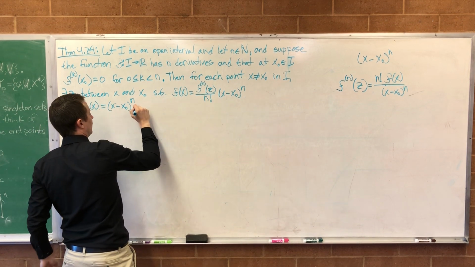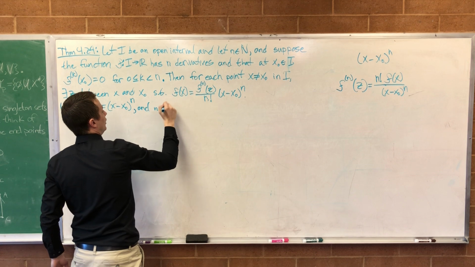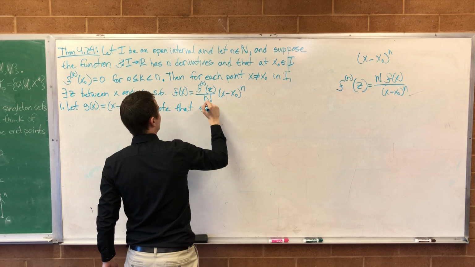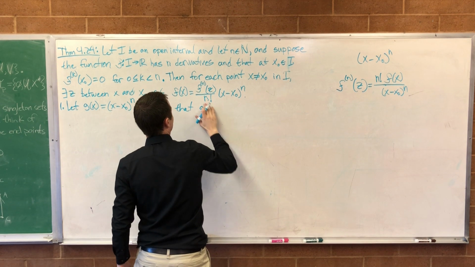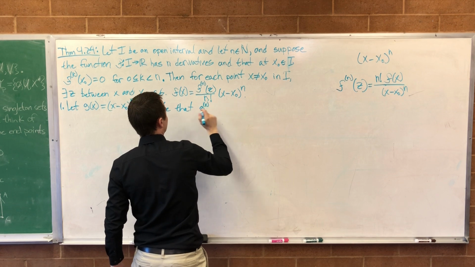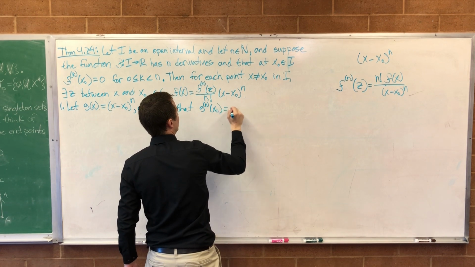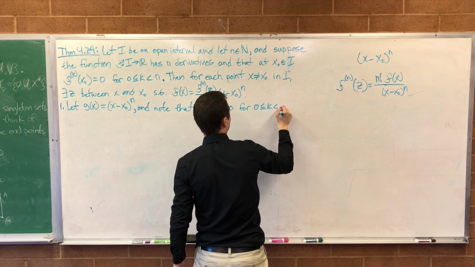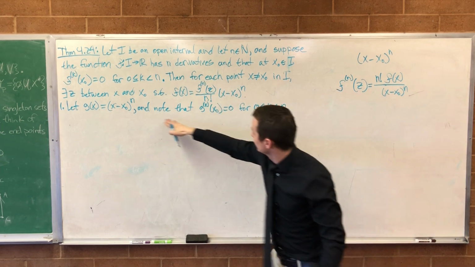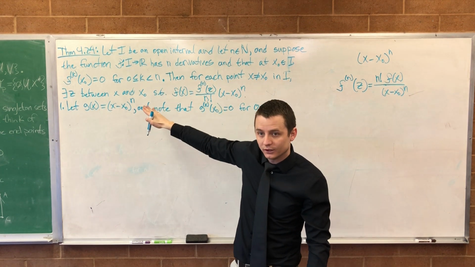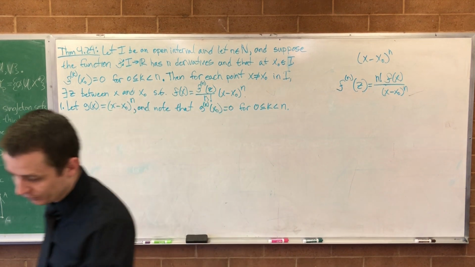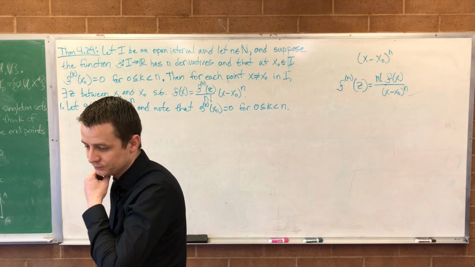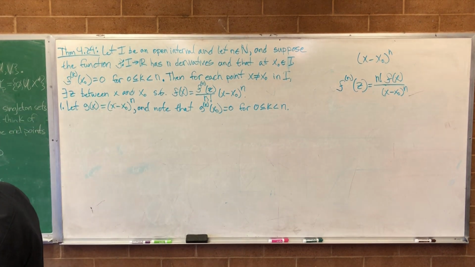Let g of x equal that, and note that g's kth derivative at x naught is equal to 0 for 0 less than or equal to k less than n. So g also has this nice property that f has. It keeps spitting out zeros until the nth derivative, then we're not exactly sure what it spits out. Well, we know what g spits out. It spits out n factorial, right?